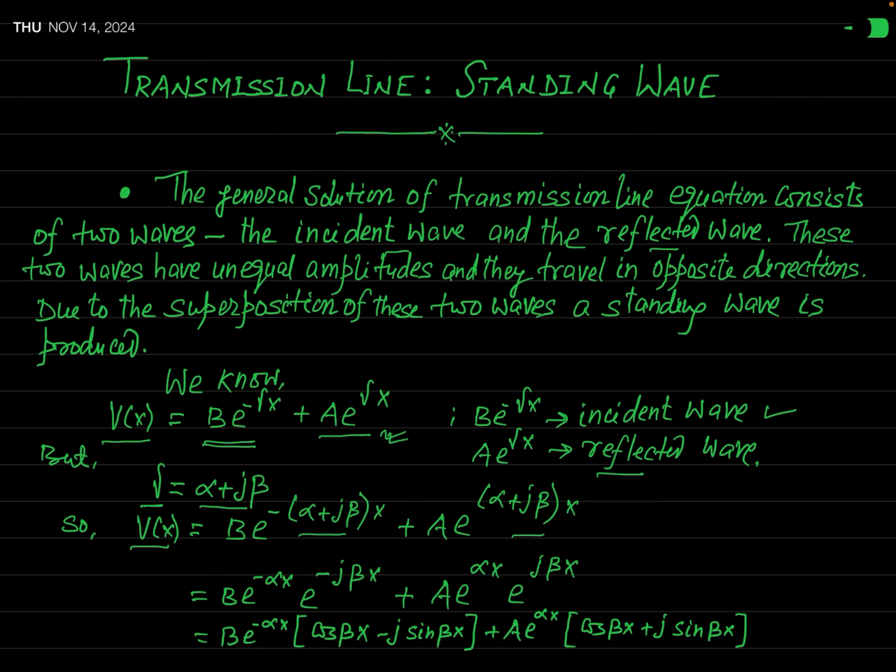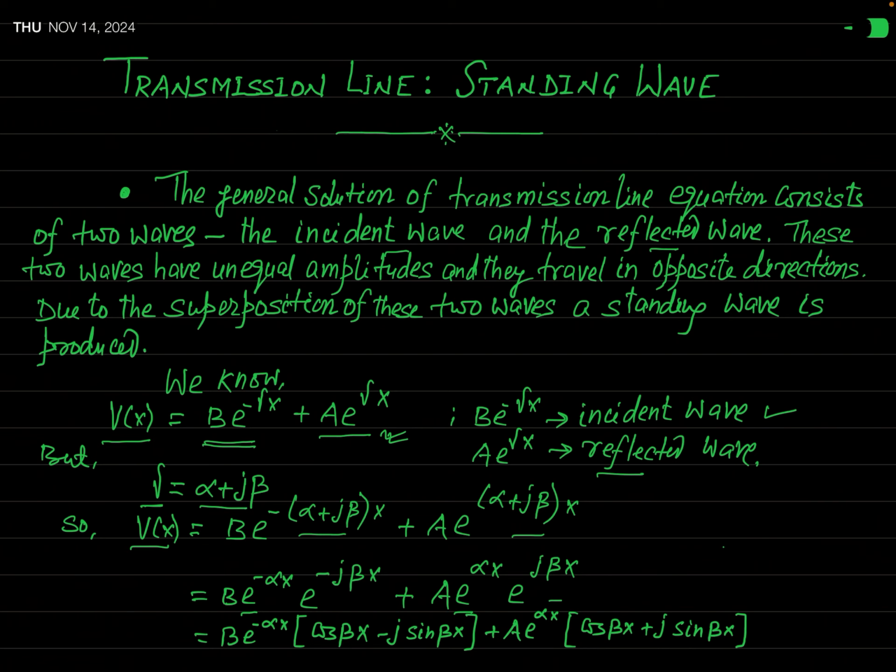And this result may be written as b times e to the power minus alpha x times e to the power minus j beta x, plus a e to the power alpha x times e to the power j beta x.